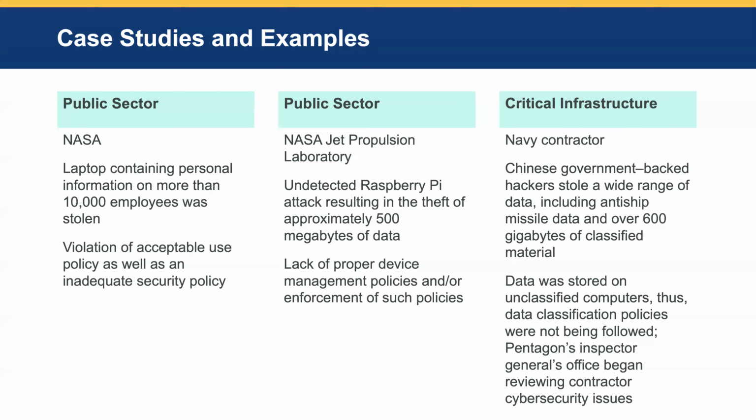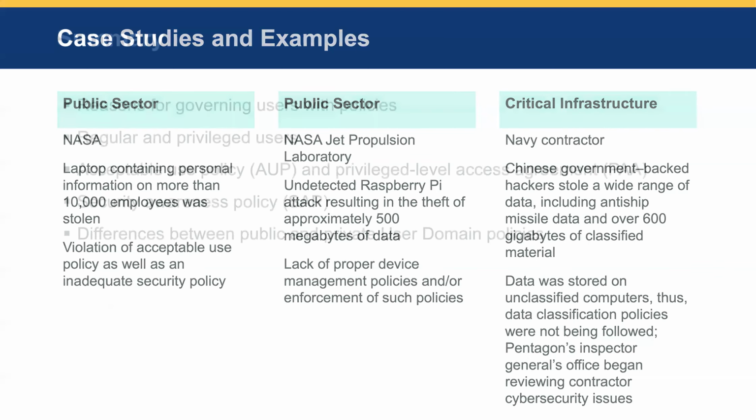This was a violation because the data was stored on unclassified computers, and thus the data classification policies were not being followed. The Pentagon's Inspector General's office began reviewing contractor cybersecurity issues. So these are just a couple of different problems that can arise without having appropriate user domain policies in place.